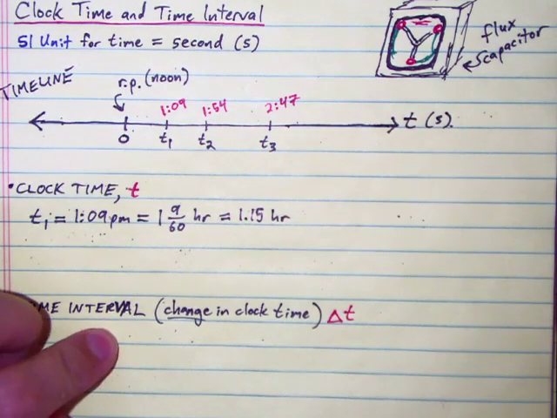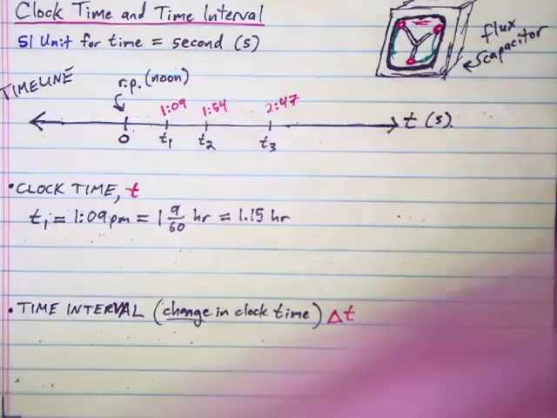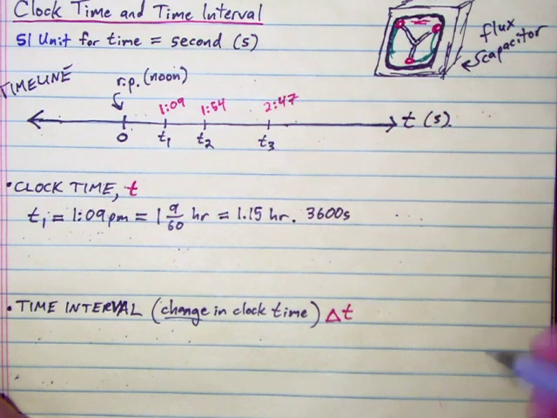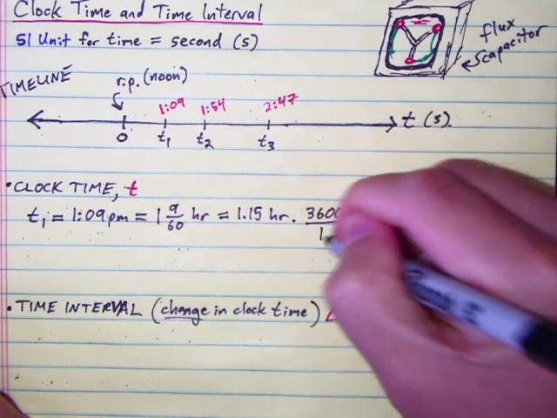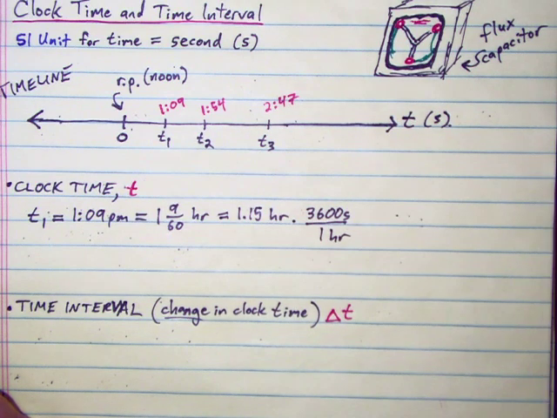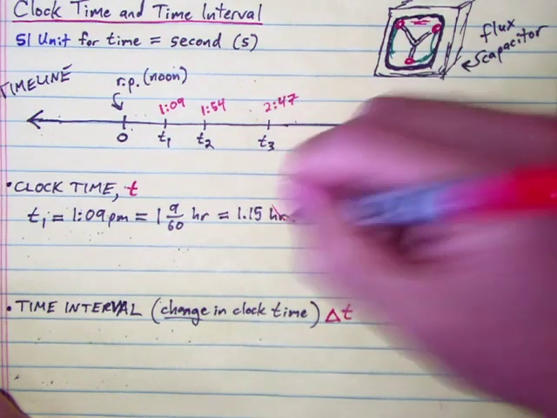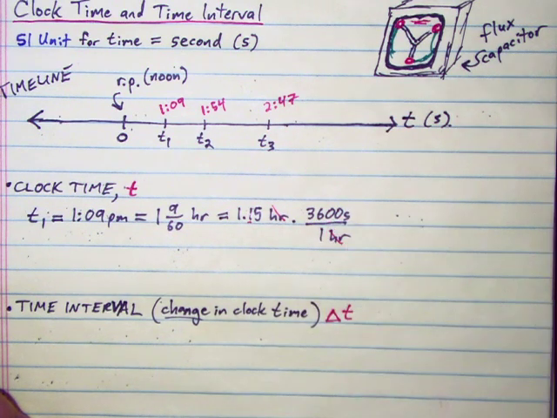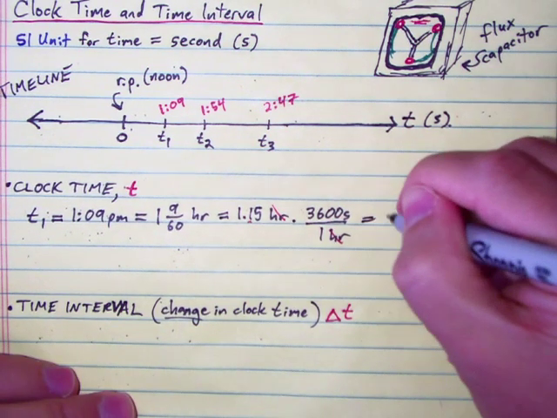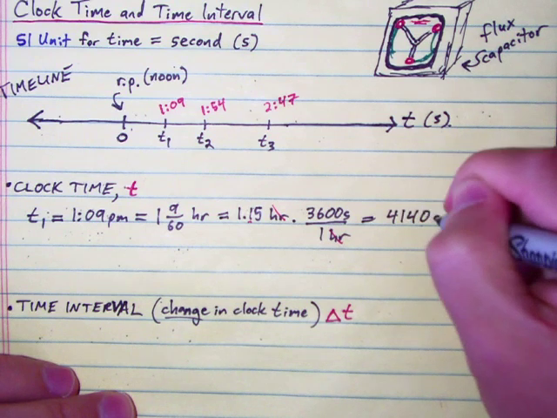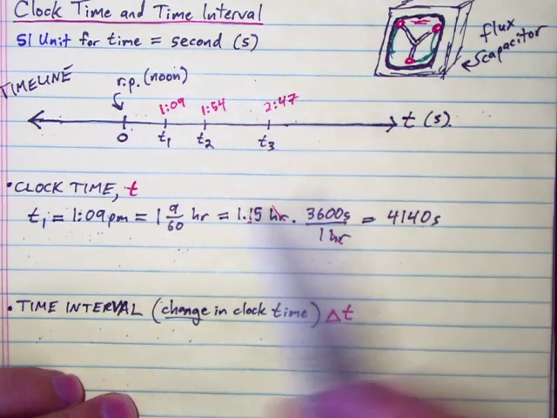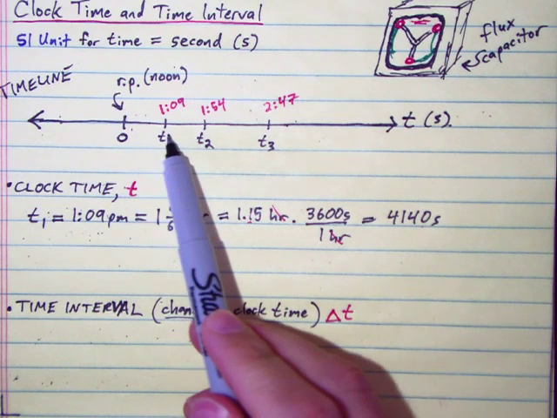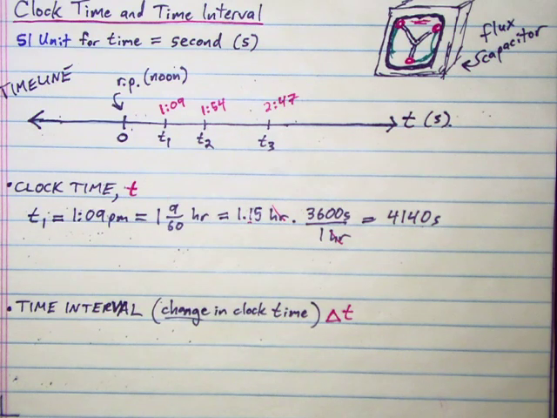But we need to convert this into seconds. No problem. We know that there are 3,600 seconds in 1 hour. Multiply by our conversion factor here. Hours cancels hours. 1.15 times 3600 gives us 4140 seconds. In other words, event 1, when the chemistry teacher sets off the fire alarm, occurred 4,140 seconds after our reference point, noon.